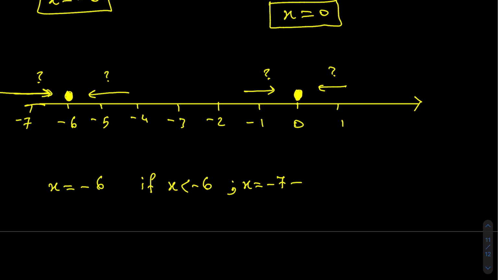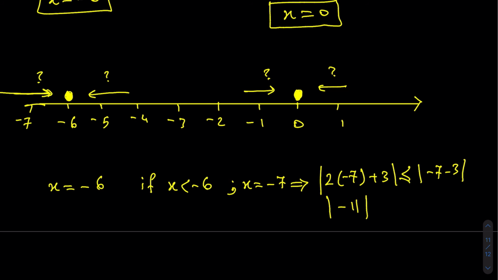So we substitute: absolute value of 2(-7) + 3 less than or equal to absolute value of -7 - 3. Here it will be -14, and -14 plus 3 will be equal to -11.